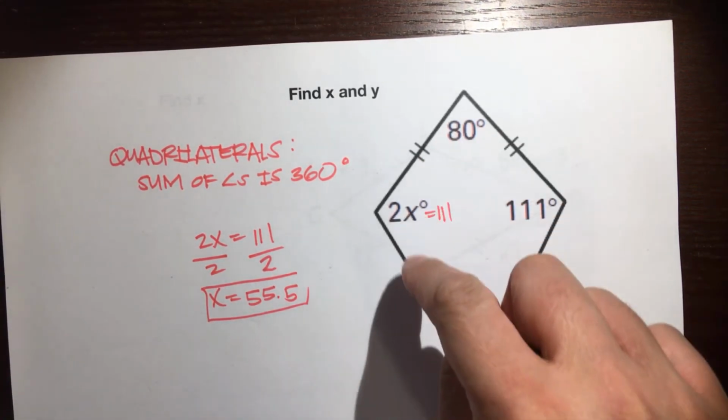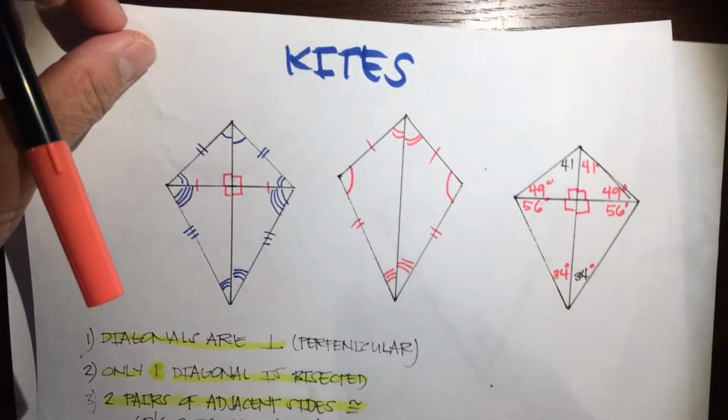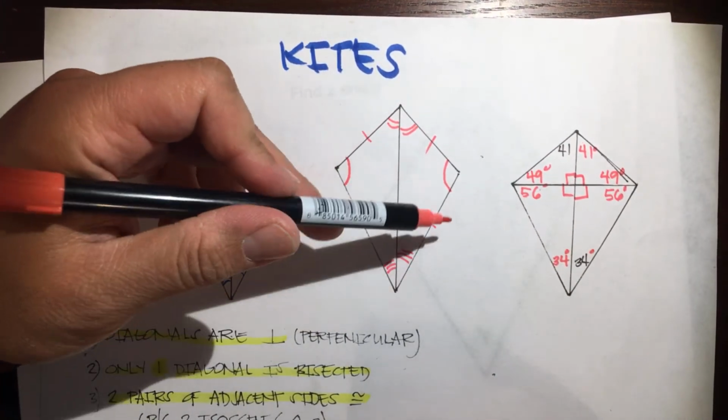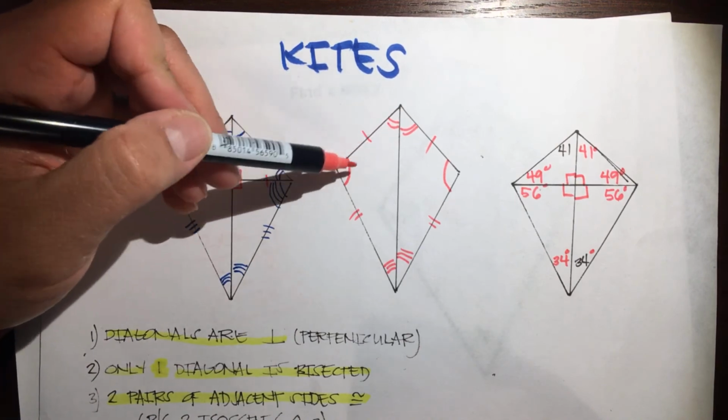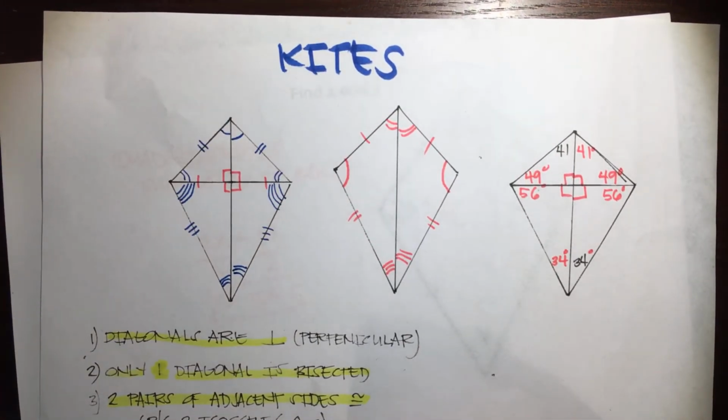So that means all 4 of these angles add up to 360 because, I'll show you, what makes a kite right here really is 2 triangles. 180 plus 180 is 360.